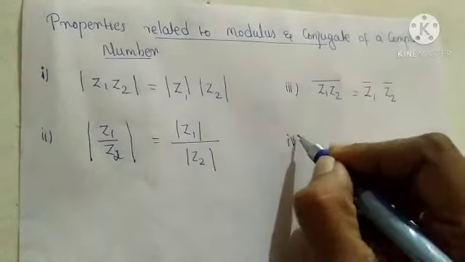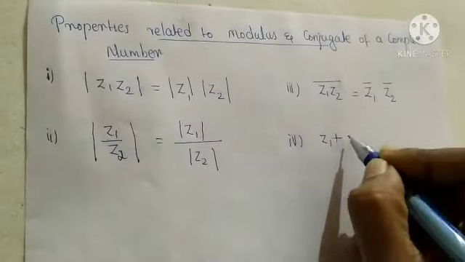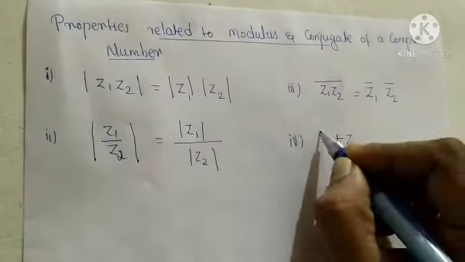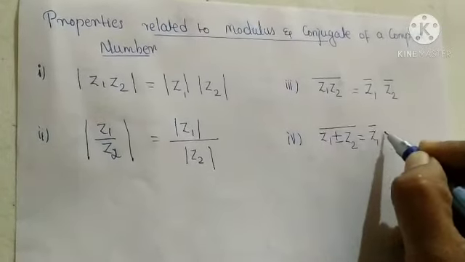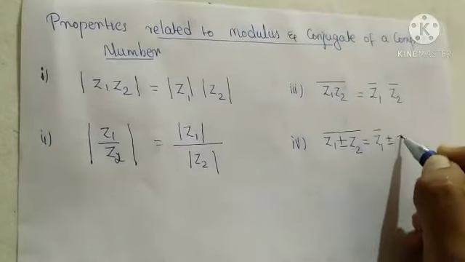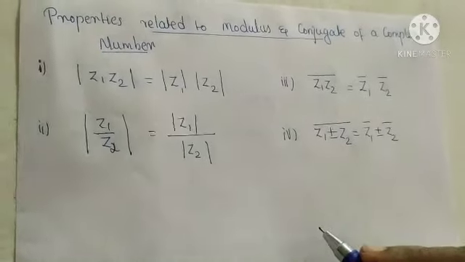And the fourth property is Z1 plus or minus Z2 whole bar is equal to Z1 bar plus or minus Z2 bar. Okay.